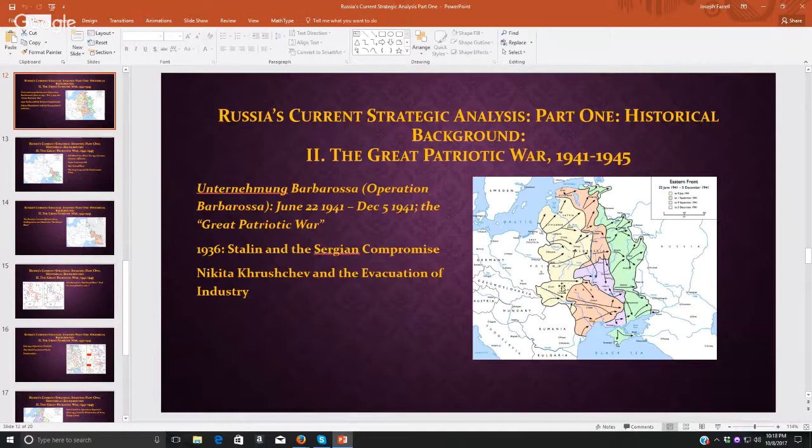And this area, incidentally, took the Central Powers in World War I about 3 years to conquer. So this is such a heavy and fast blow that it really boggles the mind.